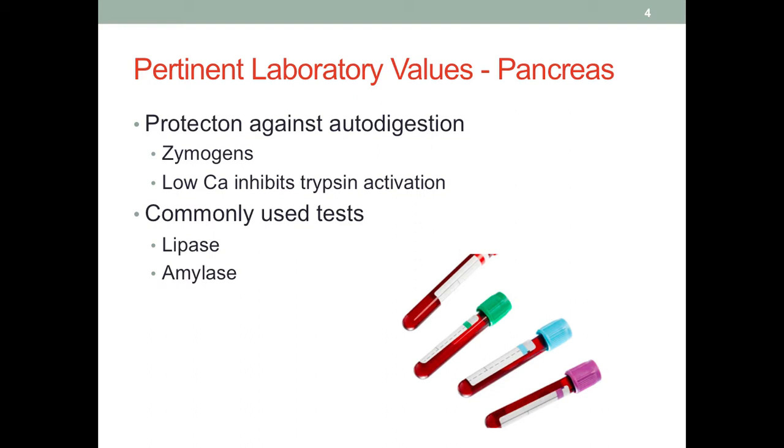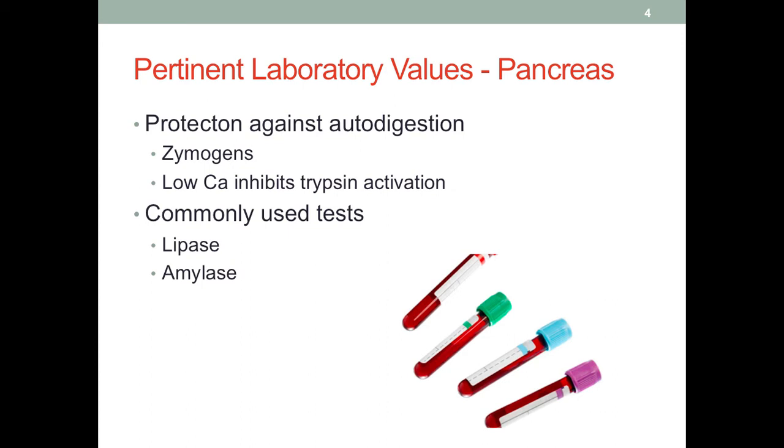This also inhibits trypsin activation. We know that trypsin is a protein digesting enzyme. Once it is activated, it can activate other enzymes, and it also self-activates other trypsin proteins, so it triggers a chain reaction.